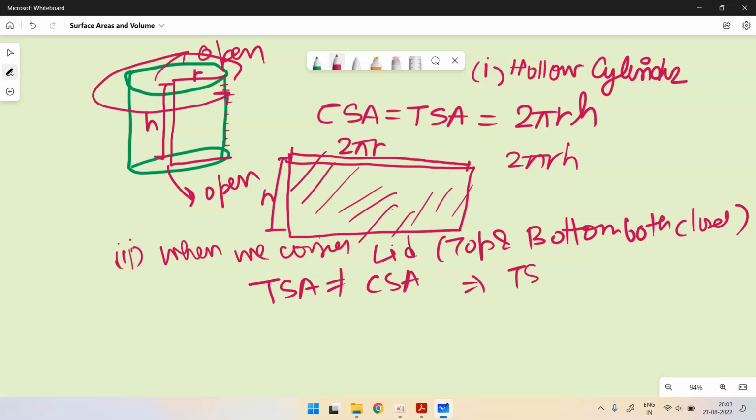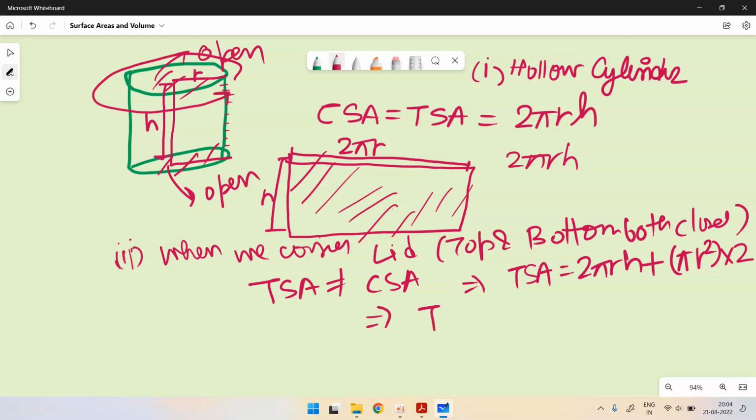Instead, TSA equals 2 pi r h plus the area of these both, which will be pi r square into 2, because there are two lids.